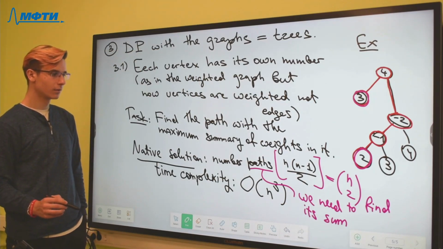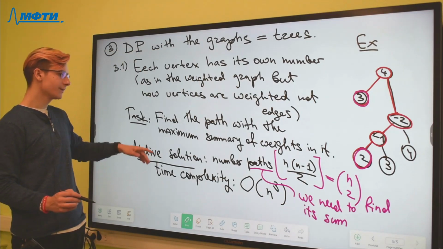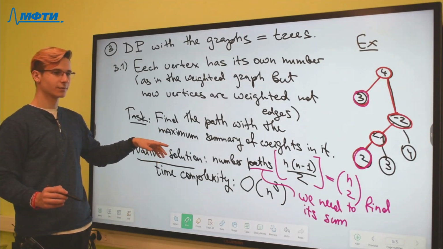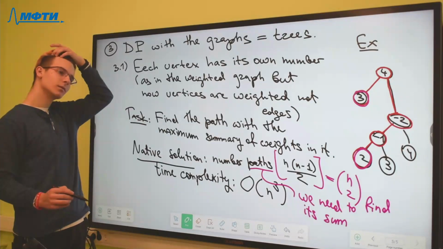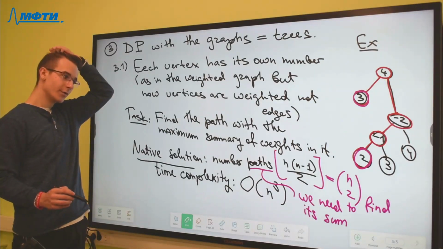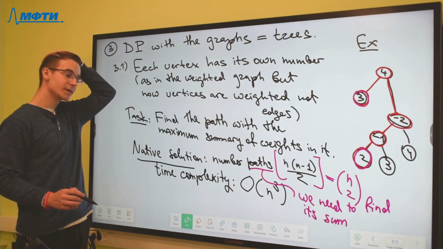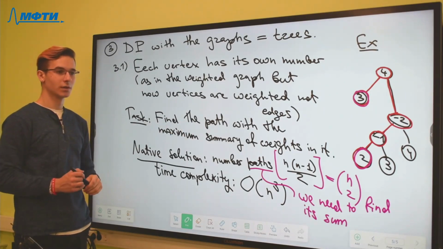Why do we need to find the sum? Because we compare the summary of weights of paths and find the maximum. Okay. We compare not the length of the paths, we compare the summary of the weights in it.